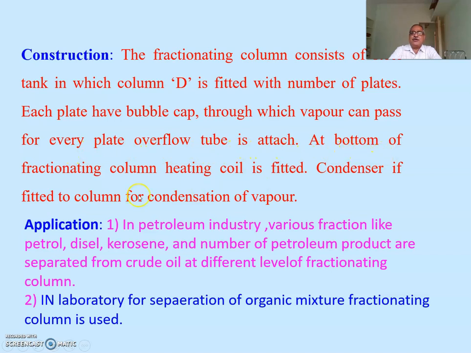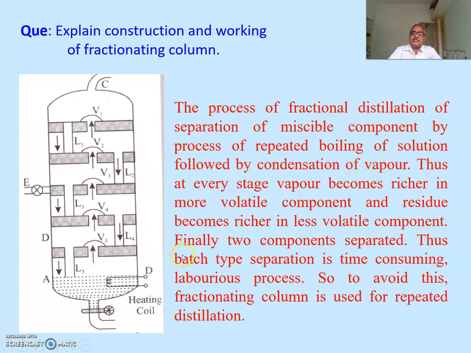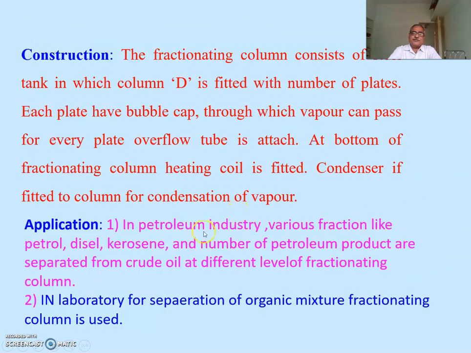At the bottom of the fractionating column, a heating coil is fitted, and a condenser is fitted above. There is a removing valve, and the non-volatile components are finally removed from this valve. The condenser fitted at the top of the column is for condensation of vapor.